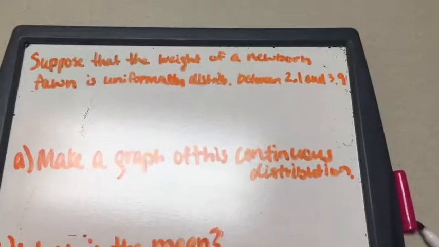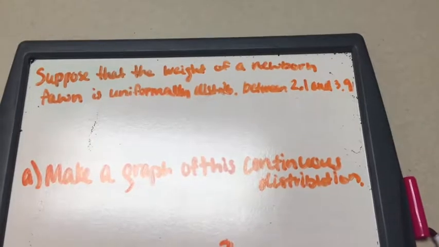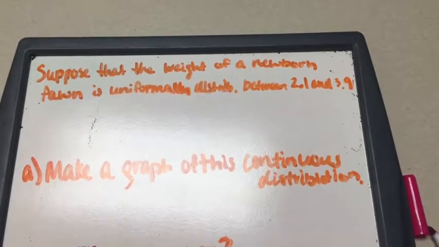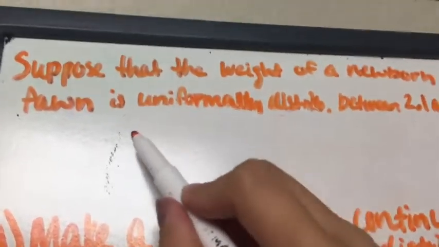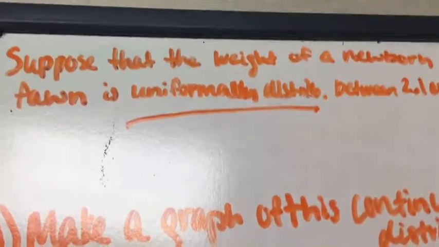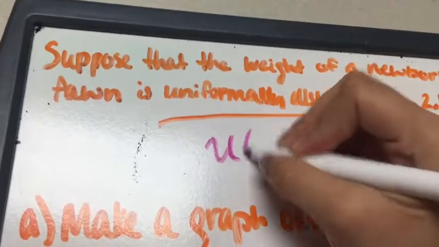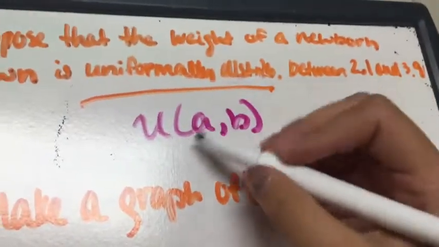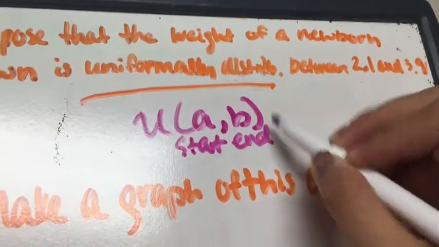Okay, so this is a problem taken from the homework that I've only tweaked a little. It tells you to suppose that the weight of a newborn fawn is uniformly distributed between 2.1 and 3.9. Right off the bat, it tells you that it's a uniform distribution, and uniform distributions follow this notation: U(A, B). A represents your starting point, and B represents your ending point.